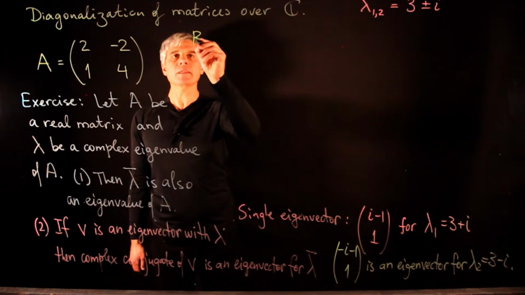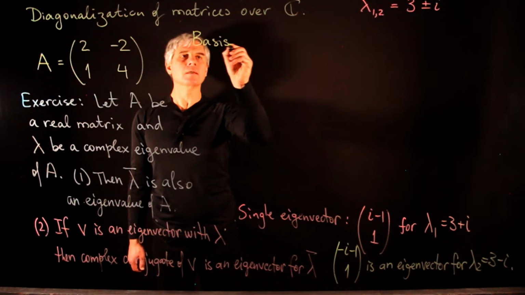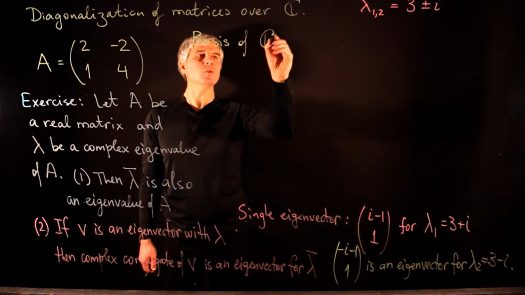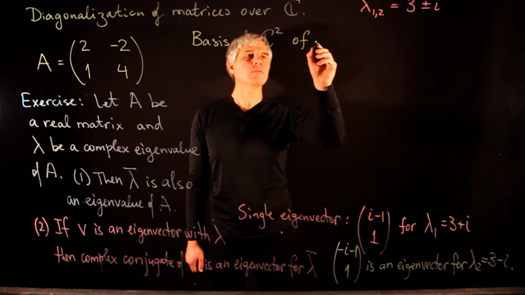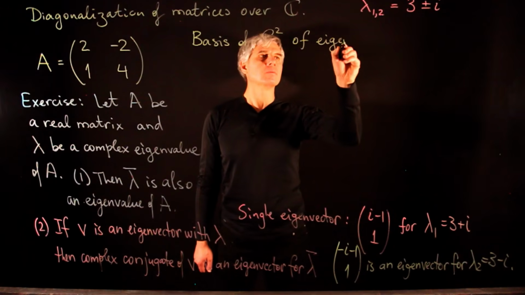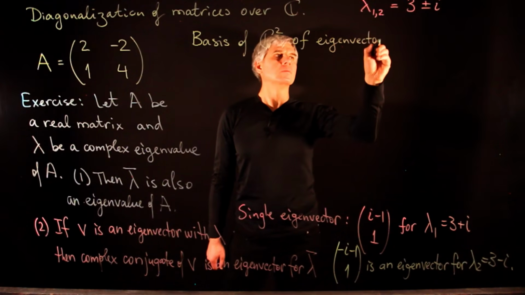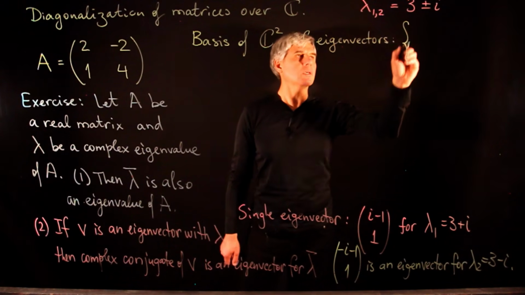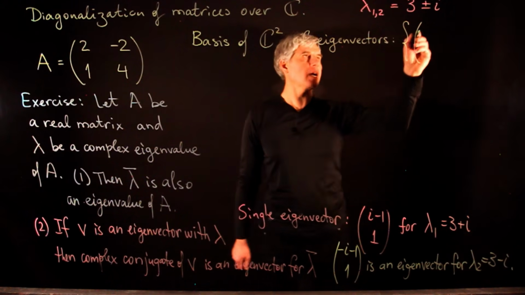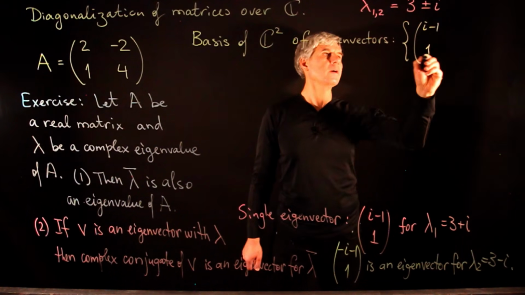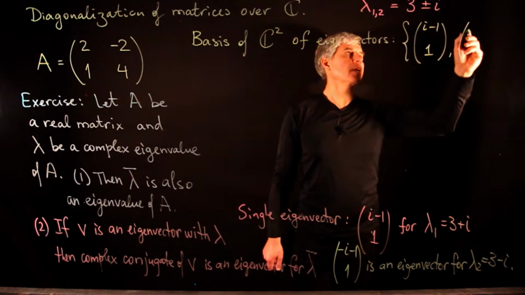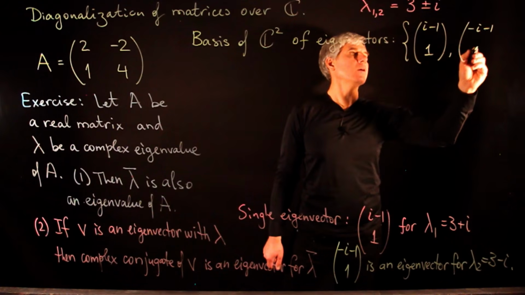Now we can write down the basis of the space C^2 that consists of eigenvectors. So here the first eigenvector is (i − 1, 1), and the second eigenvector is (−i − 1, 1).